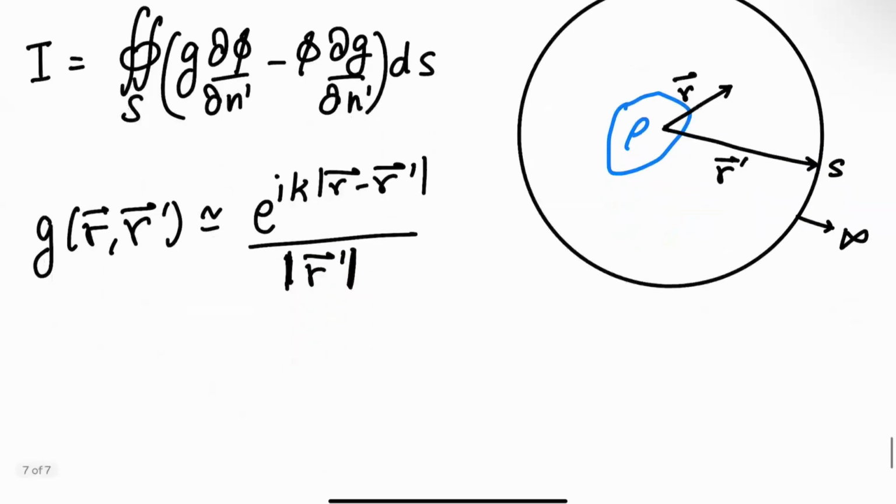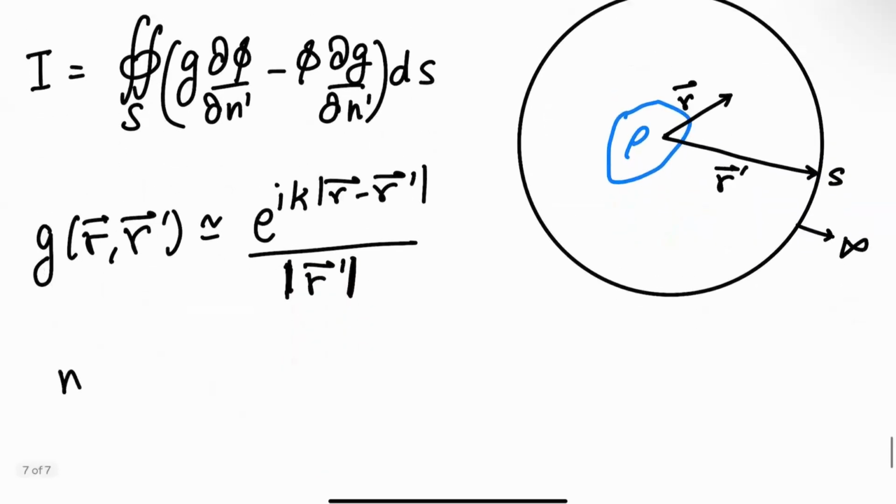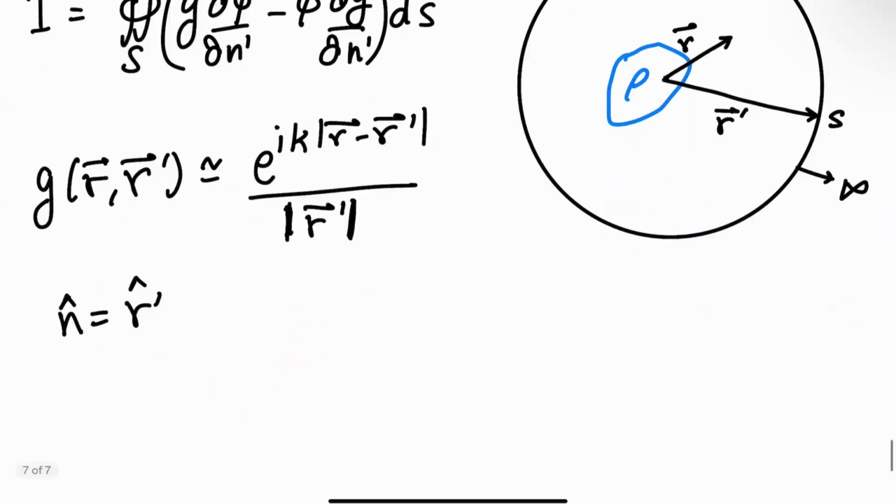The other assumption is that n hat is nothing but r' hat, since it's a spherical surface, and n' is r'.